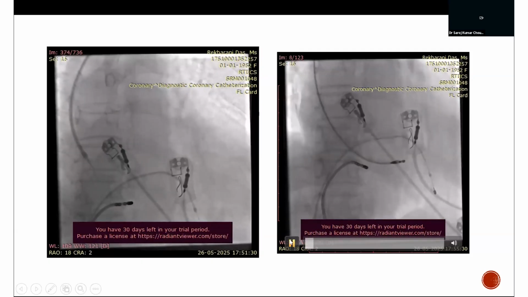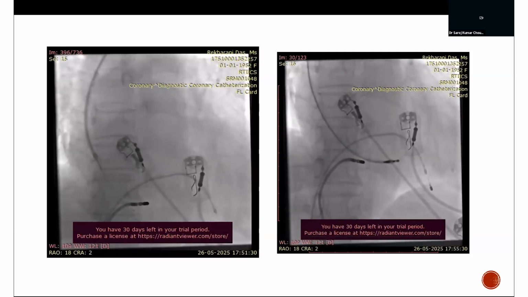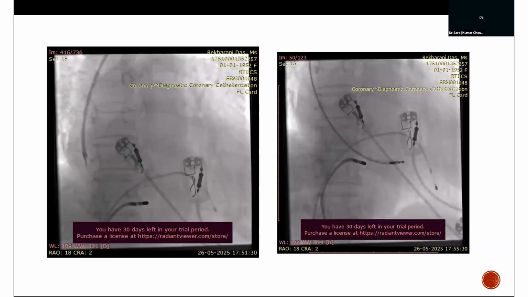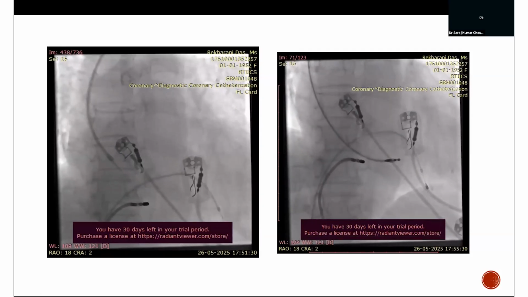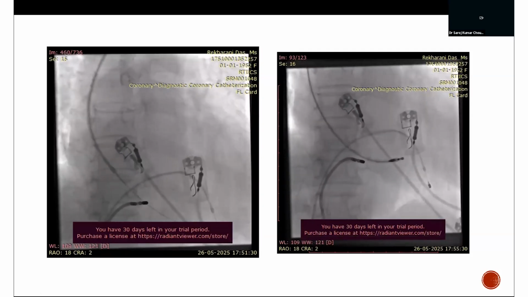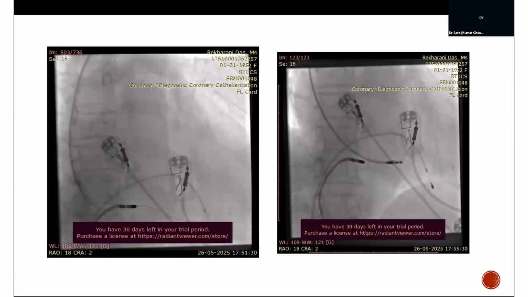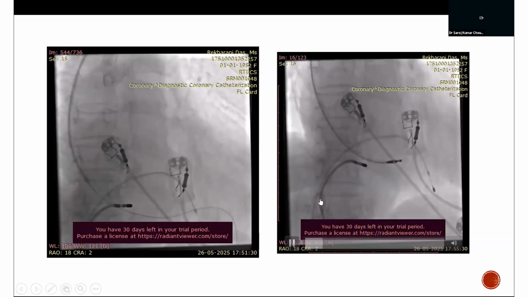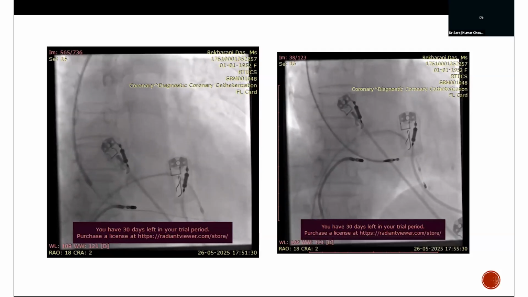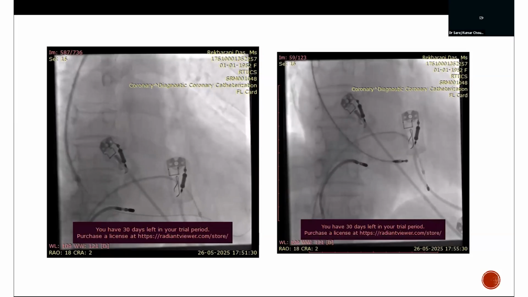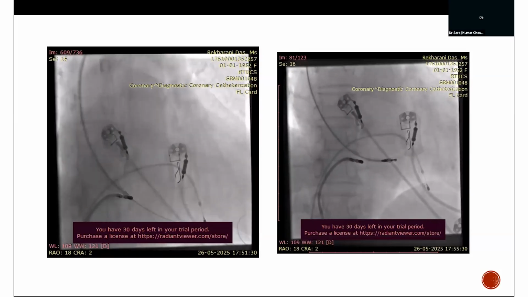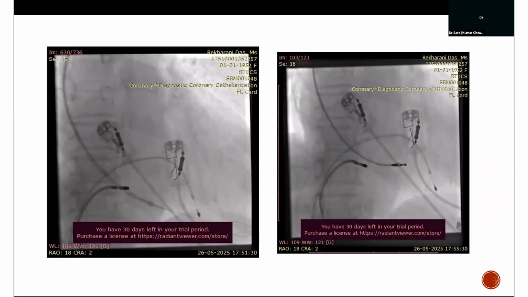Then both the dilator and wire are removed and the sheath is placed in the RV. Then the lead is taken into the RV and exposed beyond the sheath, and the lead is redirected into the mid-basal septum, 1 to 1.5 centimeter distal to the hinge location.